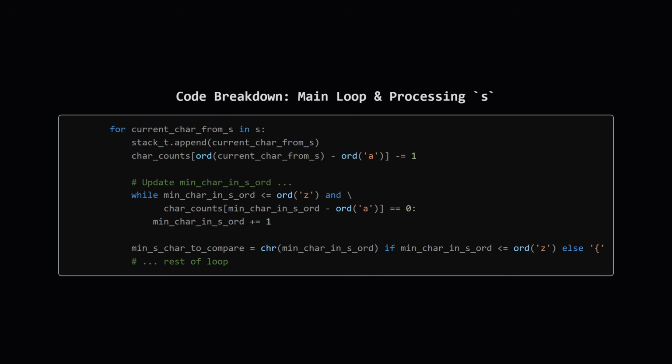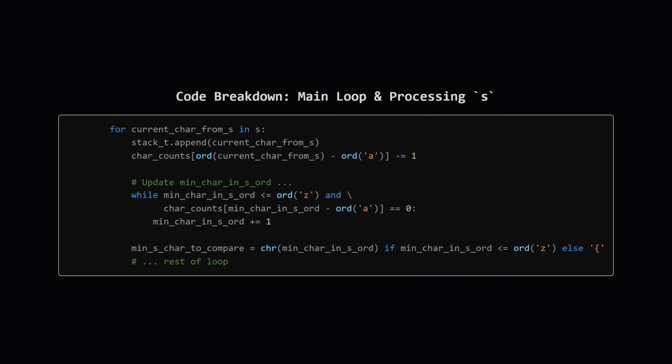We update our min_char_in_s_ord. Remember, this variable tracks the smallest character that is still available in the parts of s we haven't processed yet. Since we just used up one current_char_from_s, the old min_char_in_s_ord might not be valid anymore.